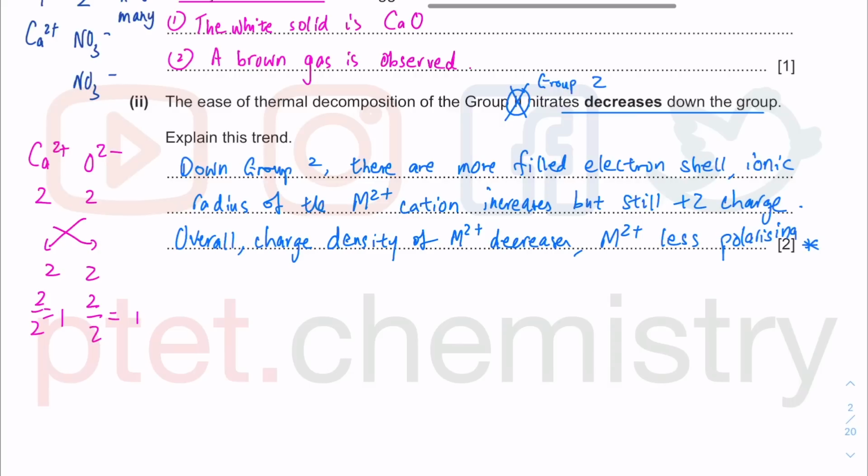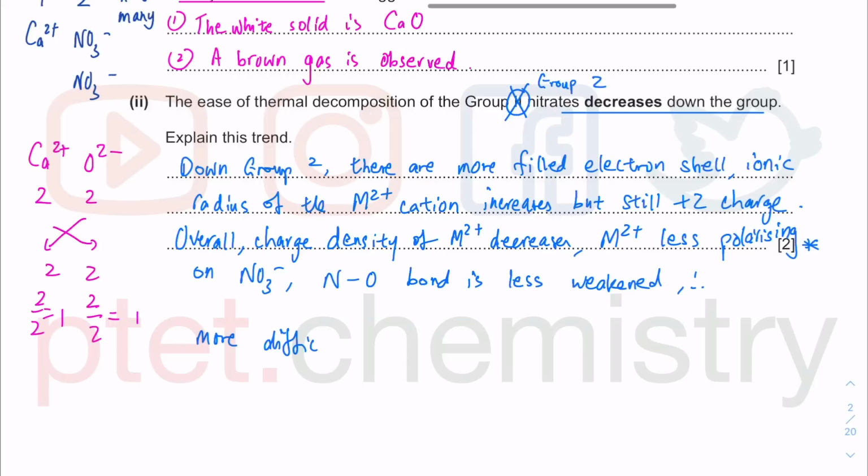The cations polarizing the NO3 minus, so the N-O covalent bond becomes less weakened, therefore more difficult to decompose or break. That is why the temperature of decomposition will be higher, but they're not asking about temperature required. They're asking how easy it is to decompose, because it becomes much more difficult. So how easy it is would decrease down group 2.